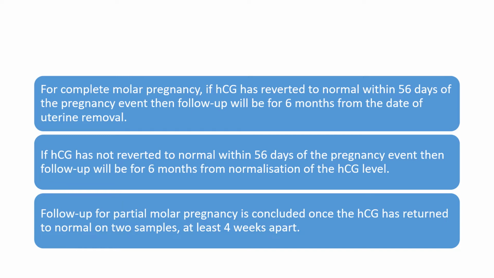If HCG has not reverted to normal within 56 days of the pregnancy, then follow-up will be for 6 months from normalization of the HCG level. Follow-up for partial molar pregnancy is concluded once the HCG has returned to normal on 2 samples at least 4 weeks apart.